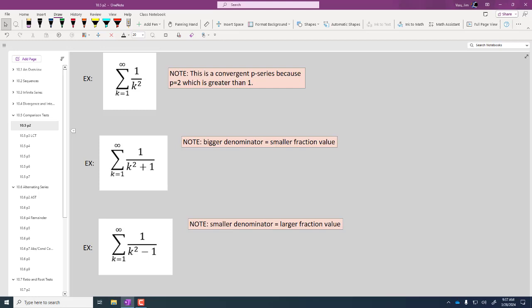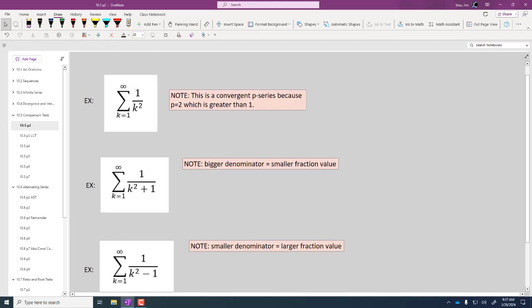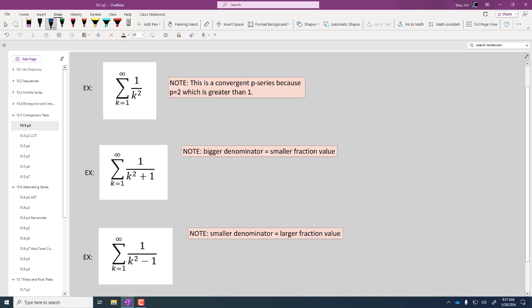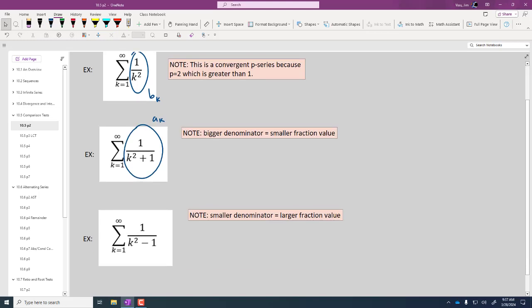So here's how we're going to do the math. Once again, we call the one that we know b sub k. The one that we're analyzing is a sub k. And here's how I'm going to write this.